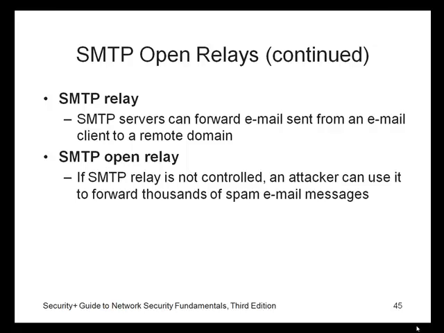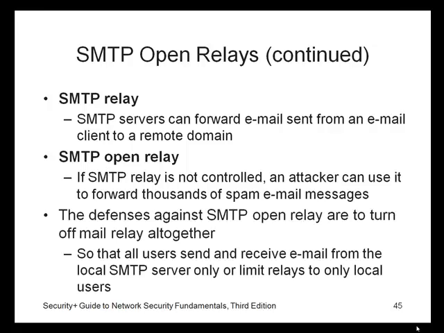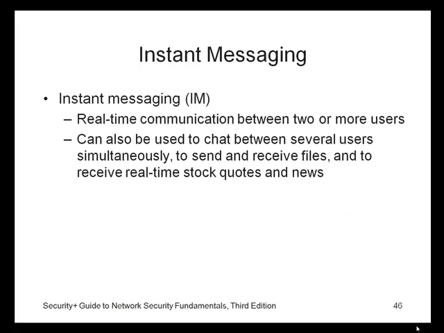Are you going to require authentication, for instance? Most of the people at Cox, you don't have to do authentication, but you can configure SMTP so you have to use a username and password to actually send the emails to your own SMTP server. One of the defenses, just turn it off, probably not one that's going to work very well.